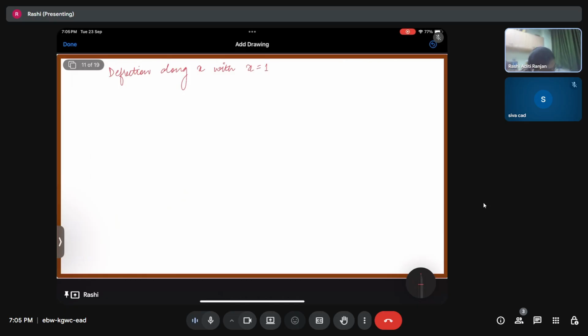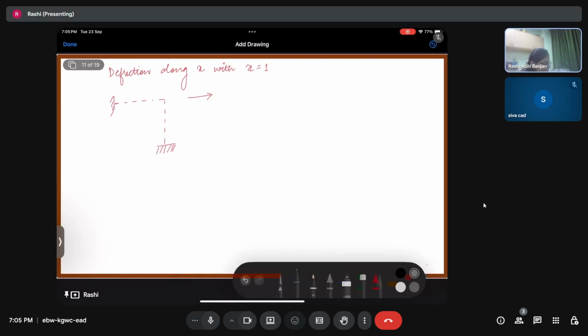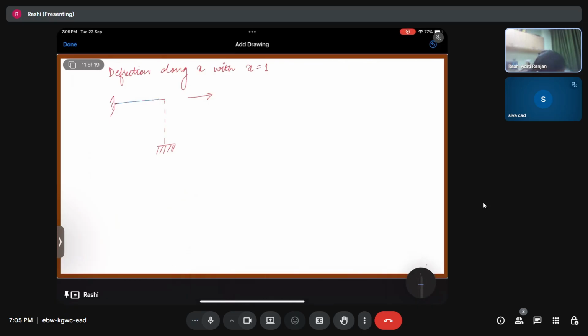How is the system going to behave? If my initial system is something like this, it is going to deform only in the x direction. So this beam is now going to be like this, where this is 1.